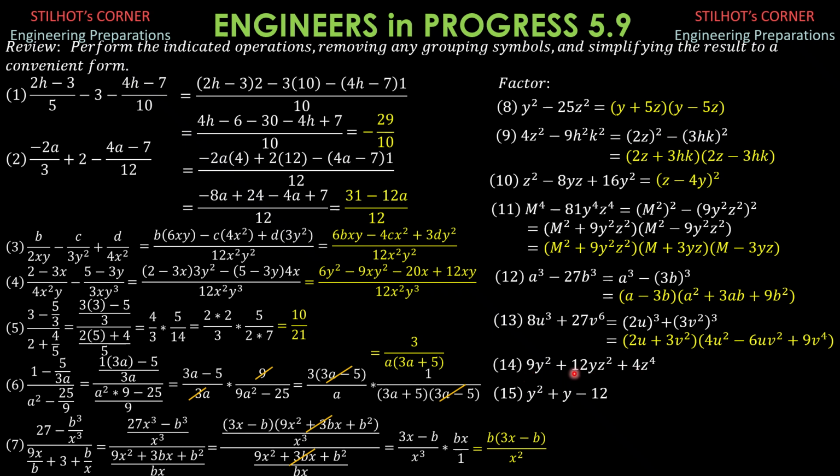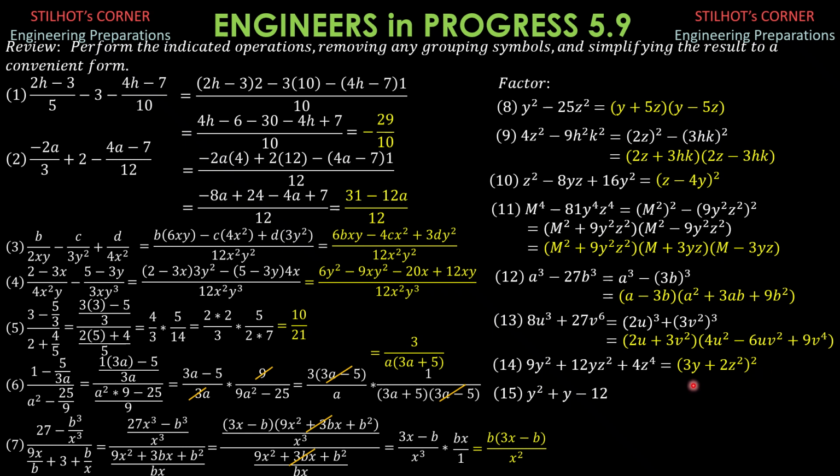So this is a perfect square trinomial. The factored form would be the quantity 3y plus 2z squared, squared.